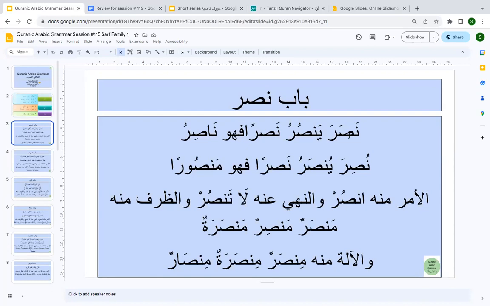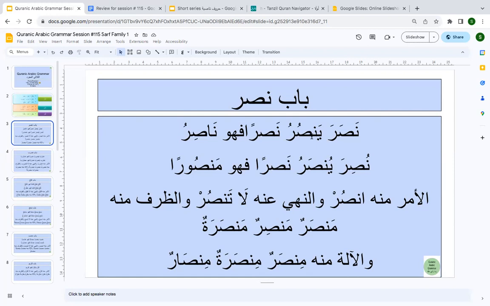In Bab Nasara, which is one of the sub-tribes in family 1, your mudare is going to be with Dhamma on Ainul Kalima, just like the word Yansuru. Remember we learned our mudare conjugation with Yansuru, and our Madi conjugation with the word Nasara in our term 2.